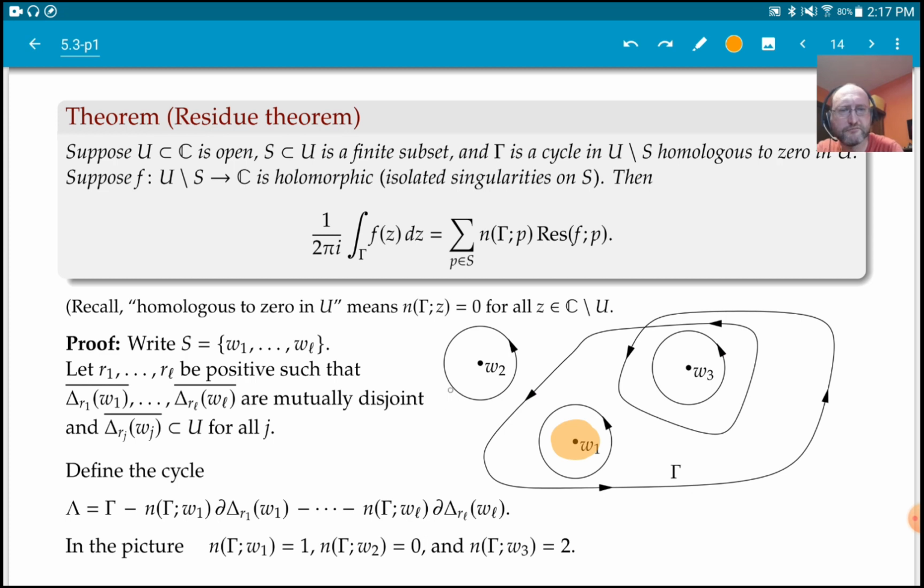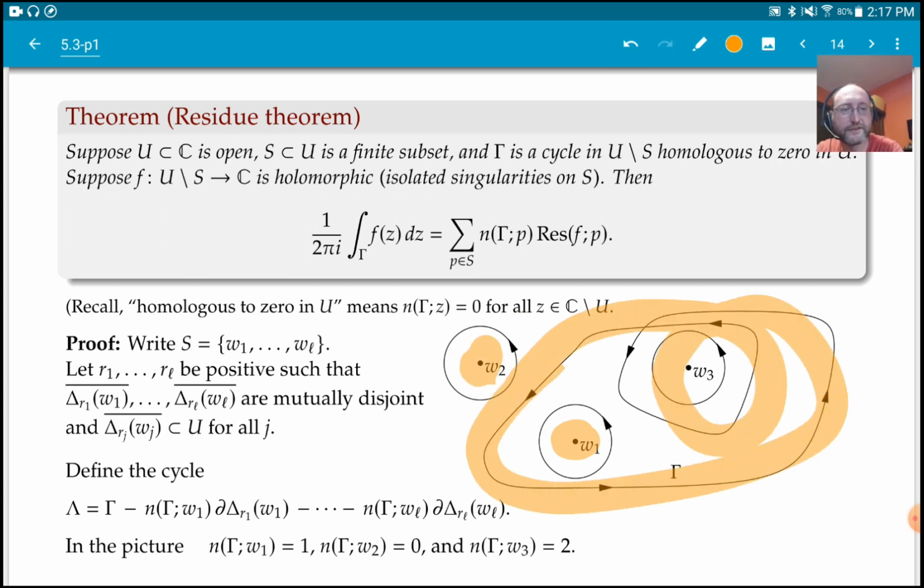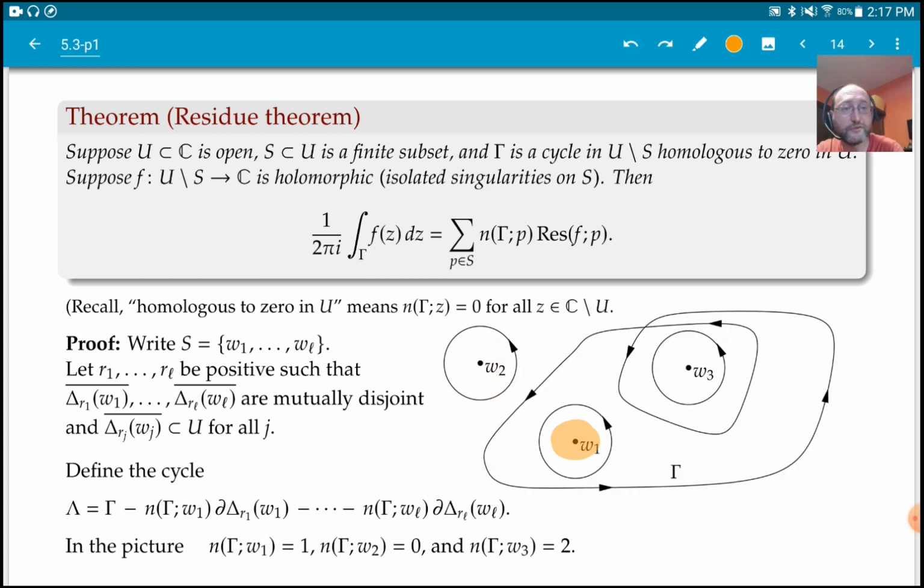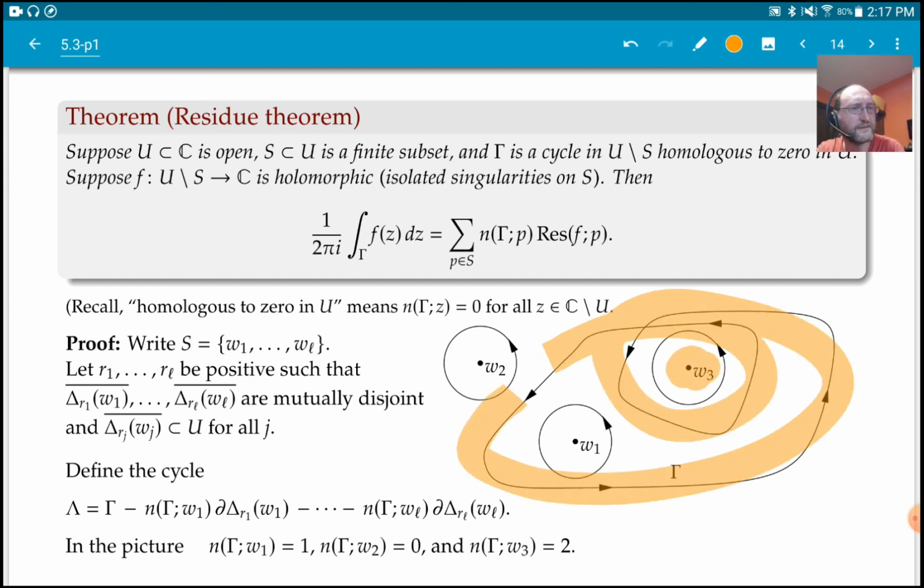It goes no times around W2, because it just does this, so it doesn't wind at all around W2. And around W3, it actually goes twice around. So these are the winding numbers in this particular example picture.